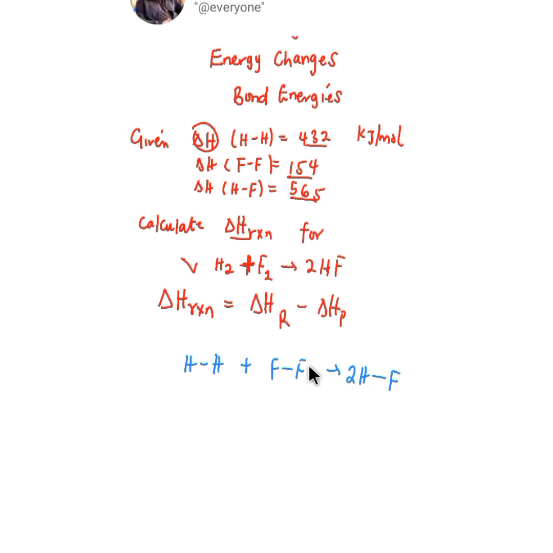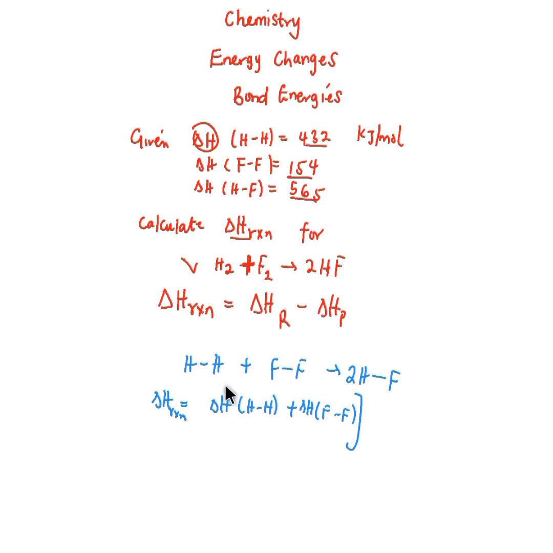Right, now with this, we can see here that if we want to calculate our delta H, it's going to be delta H of H to H plus delta H of F to F bond. That's the bond energy of F to F bond.